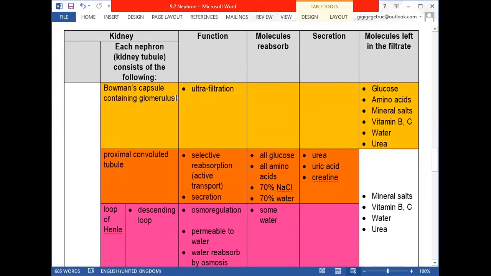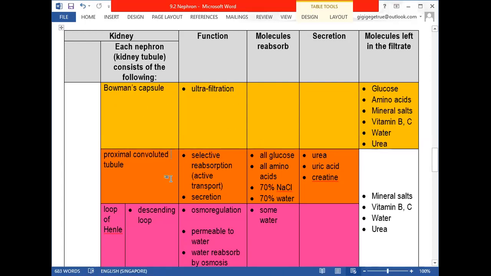Things that manage to enter the Bowman's capsule would be glucose, amino acids, mineral salts, vitamin B, C, water. They enter into the Bowman's capsule with the help of ultrafiltration.